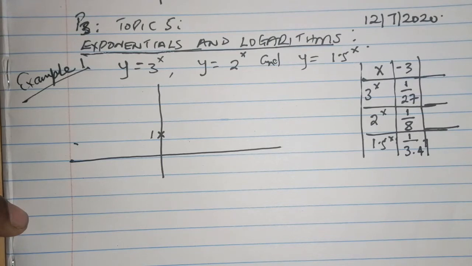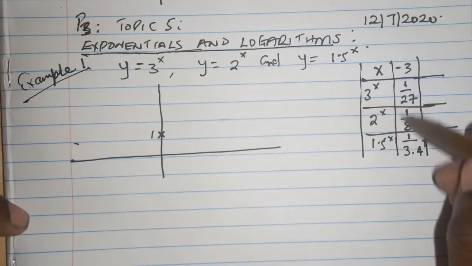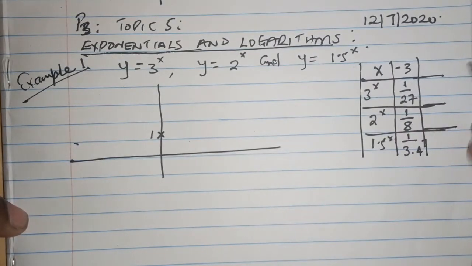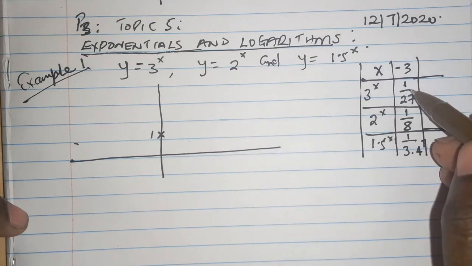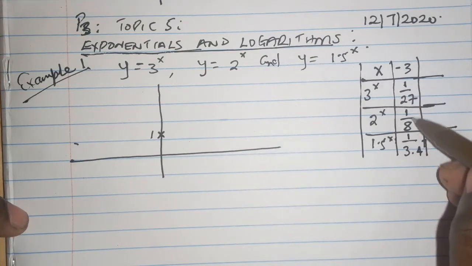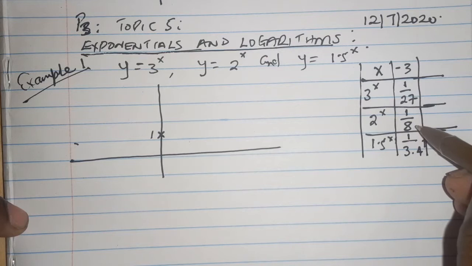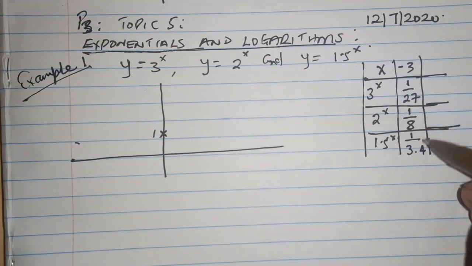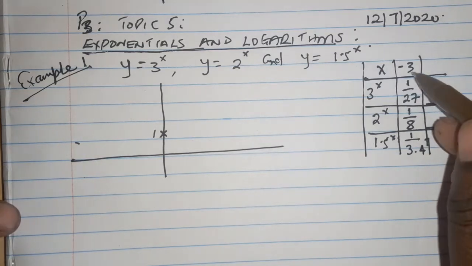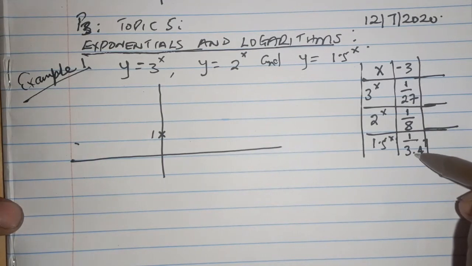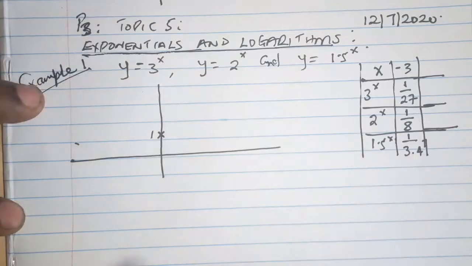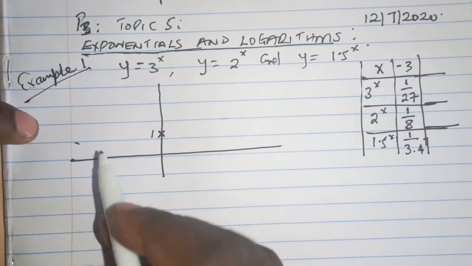I want you to compare the three values and note that 1 over 27 is smaller than 1 over 8, which is far smaller than 1 over 3.375. So among the three, 1 over 3.375 is the highest. So let's talk about categorizing these graphs.